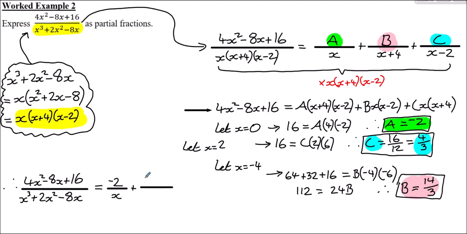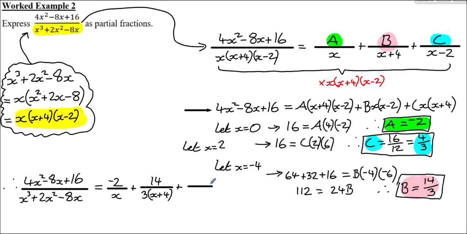So 14 over 3 lots of x plus 4, and then c, again I can either put plus 4/3 all divided by x minus 2, or I could put the 4 on the numerator and the 3 on the denominator, which is what I'm actually going to do.